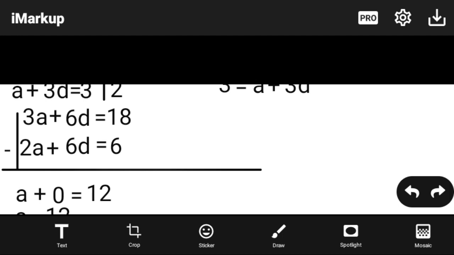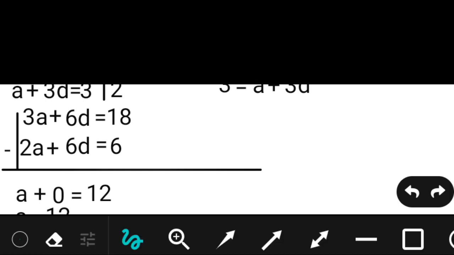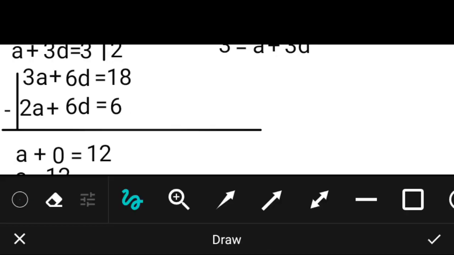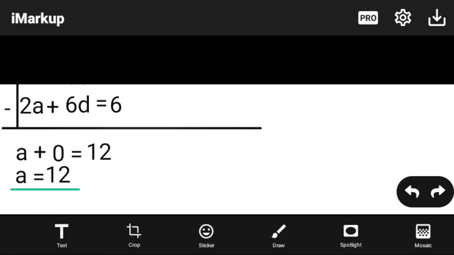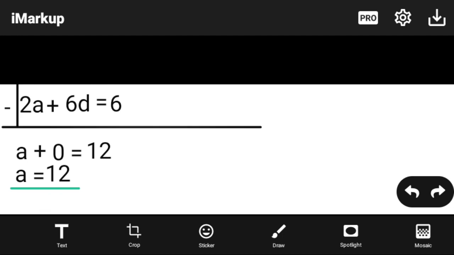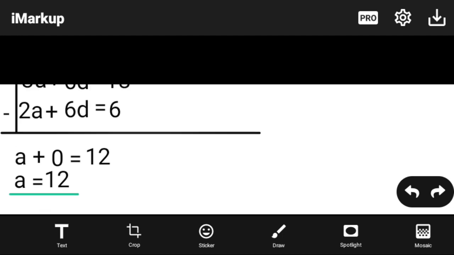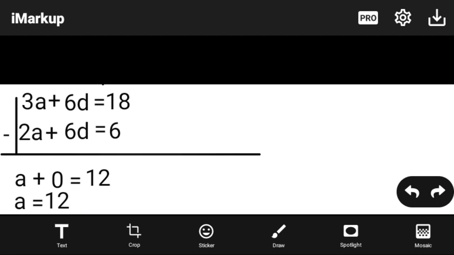You can pick any equation from these two equations that you formulated, then substitute the 12 there where there is a, so that you find the value for d.